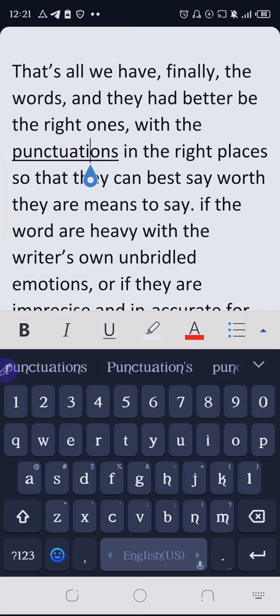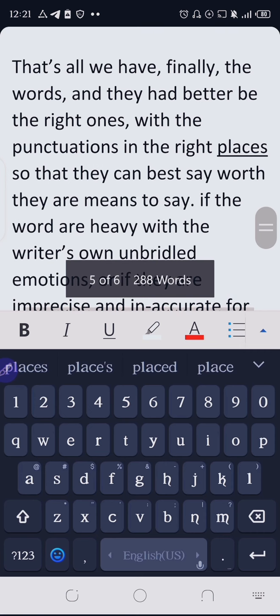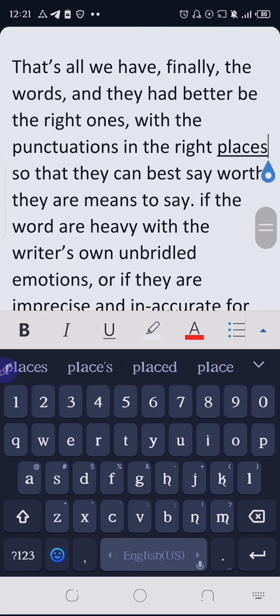With the punctuations, I think we fixed that in the right places so that they can say in the right places. I want to consult the original text to see how we can actually get that fixed. That's all we have. Finally, the words, and they had better be the right ones with the punctuation in the right place.